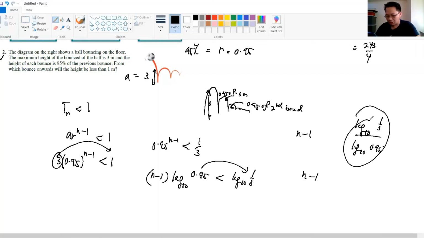So log 1 over 3 divided by log 0.95. The answer we are supposed to get here is 21.418.